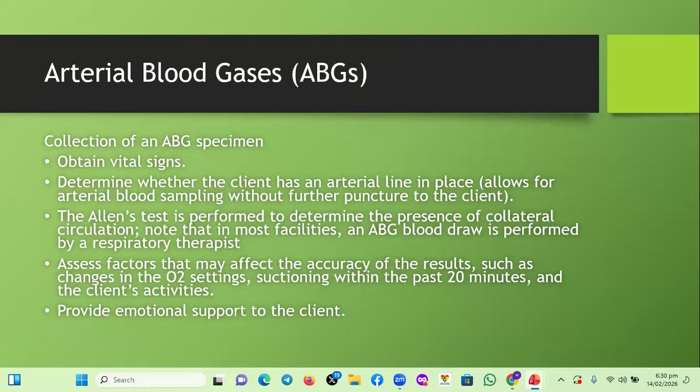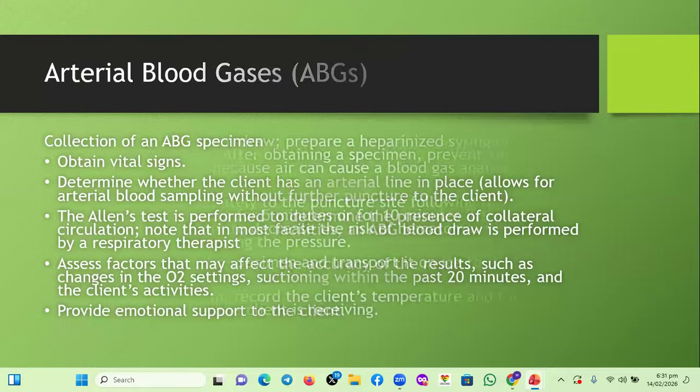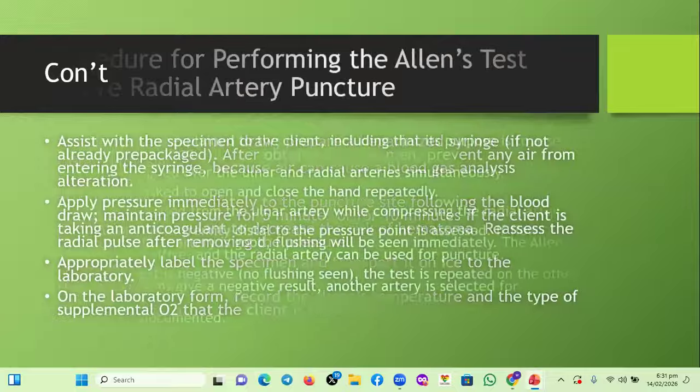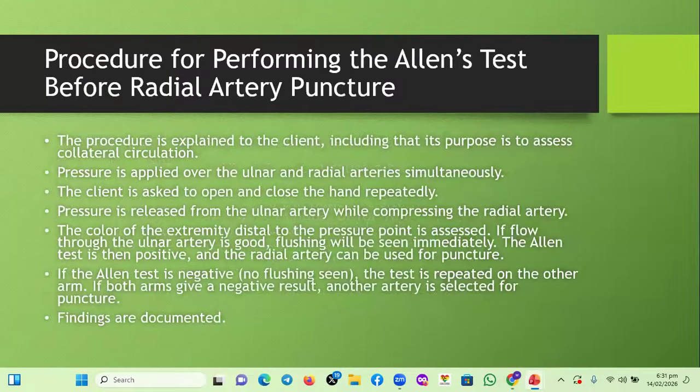So the Allen test is performed to determine what happens if the vessel is injured. Let me get that correct for you. We use the ulnar artery and the radial artery.